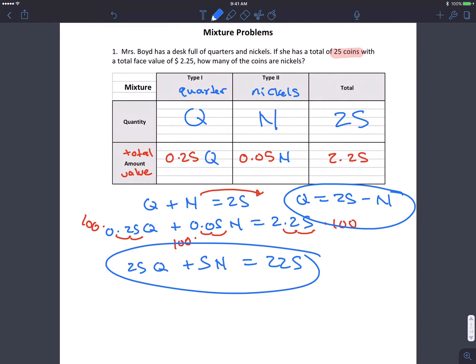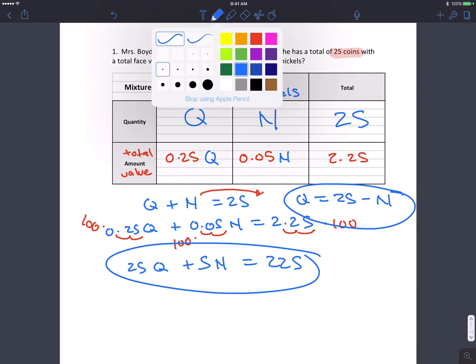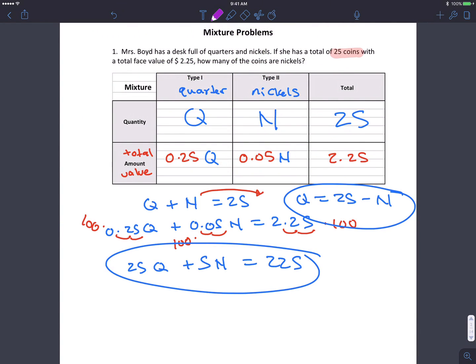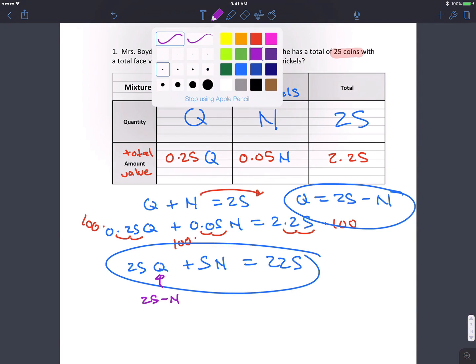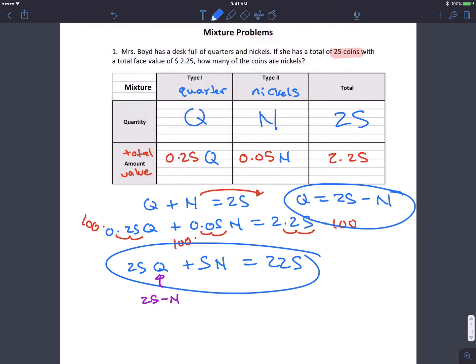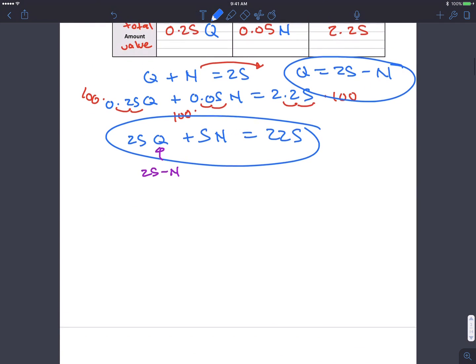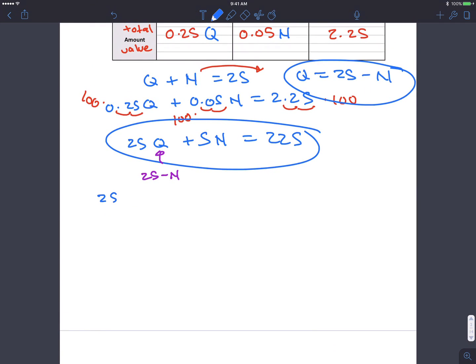We're going to substitute this Q into the second equation. In other words, Q is now 25 minus N. So I get an equation that reads 25 times (25 minus N) plus 5N is 225.